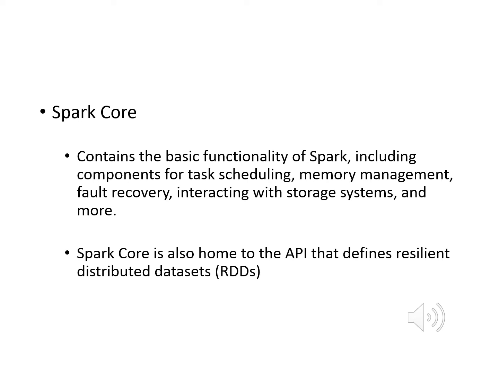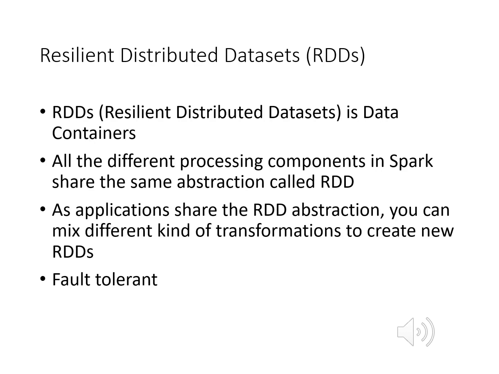RDDs are Spark's main programming abstraction. An RDD represents a collection of items distributed across many compute nodes that can be manipulated in parallel. Spark Core provides many APIs for building and manipulating these collections.